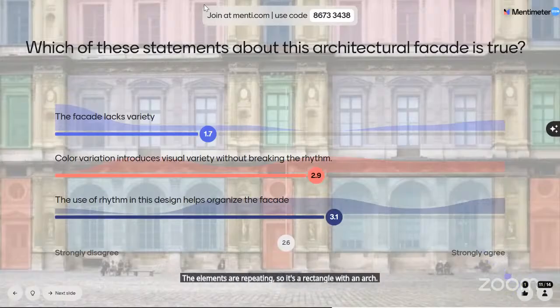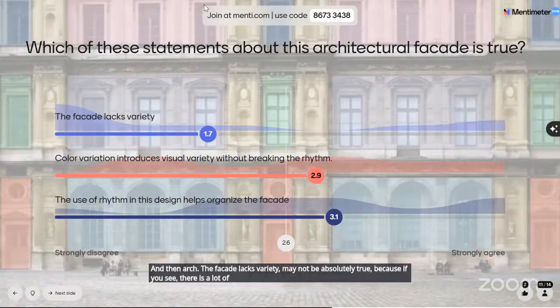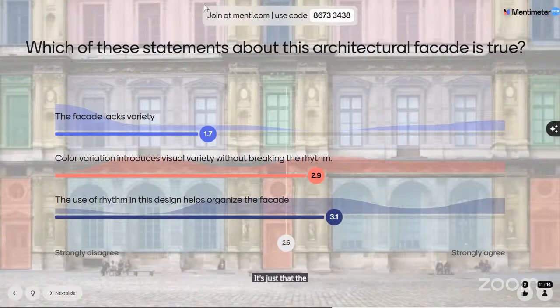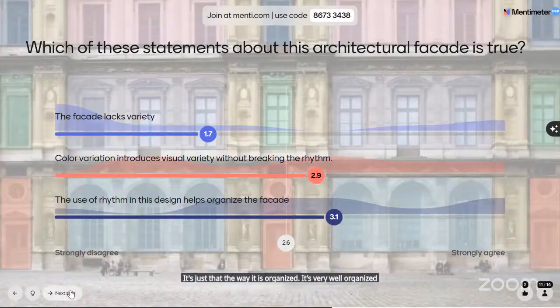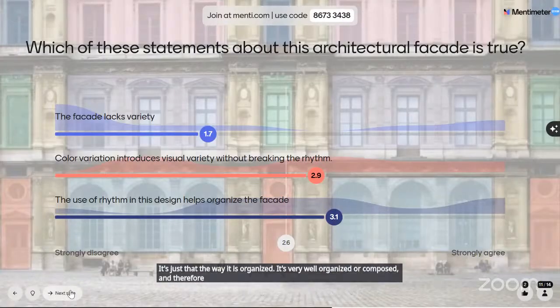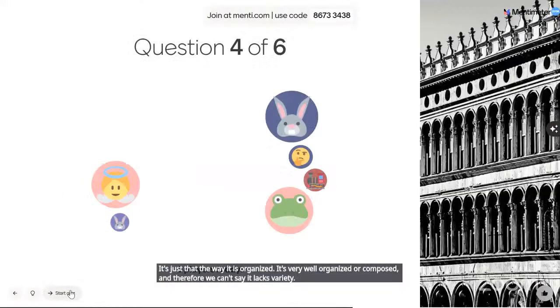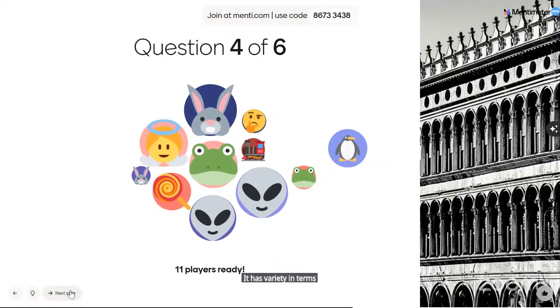Then the first floor is a rectangle with an alternating pediment triangle and then arch. The facade lacks variety may not be absolutely true because if you see there is a lot of variety happening there. It's just that the way it is organized, it's very well organized or composed and therefore we can't say it lacks variety. It has variety in terms of shape and color.